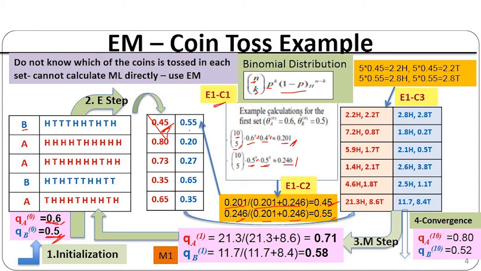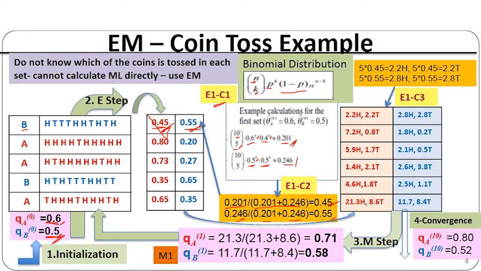So here we calculated the probability for the second coin, which is 0.45 and then 0.55. So this is for tail. Now the first element is for head, and this is for tail. So for being head it is 0.45, for being tail it is 0.55.